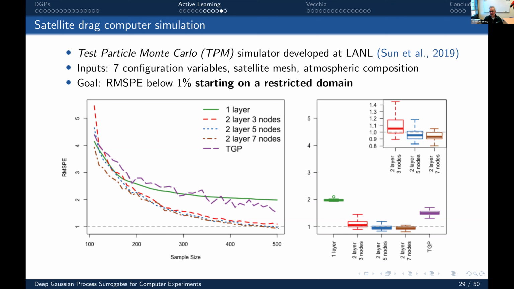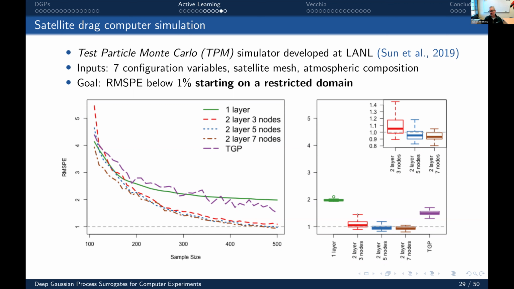And the answer to that is that you can actually do it with only 500, but you can't do it with 500 with some of the other methods like a tree Gaussian process or a 1-layer Gaussian process. And in fact, you can't even do it with 1,000 if you extend these on out.